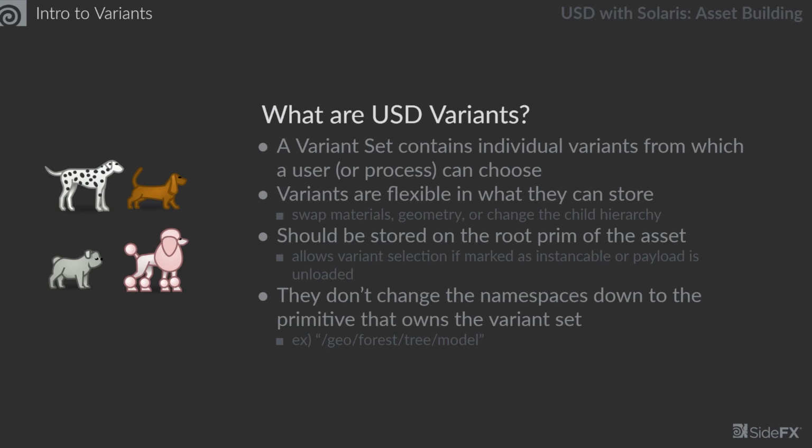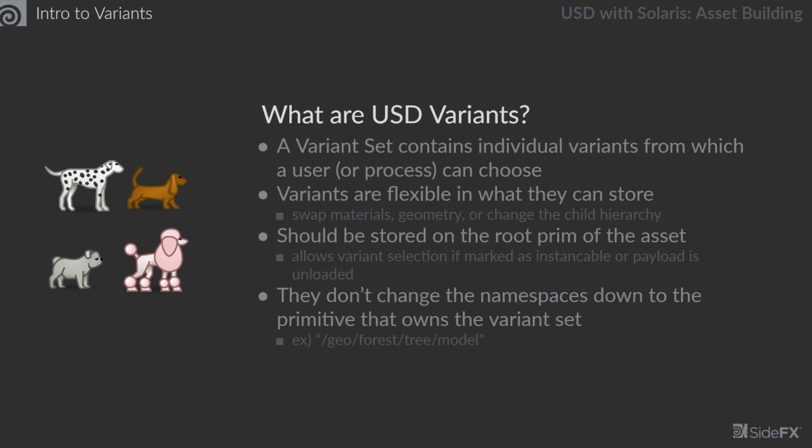We can store materials, shaders, geometries, or we can even change the hierarchy of these child primitives. It's not really prescriptive in the ways that we have to do it. They're very flexible, just like the rest of USD.